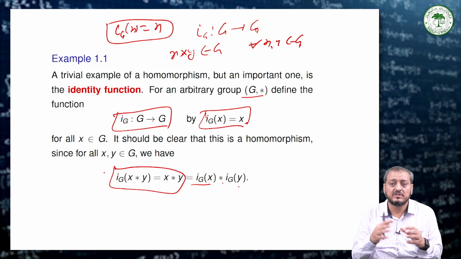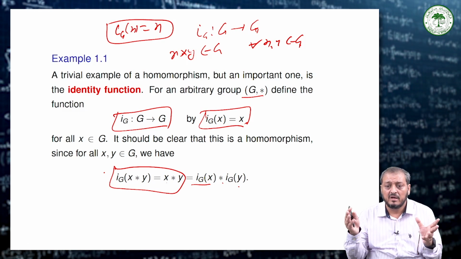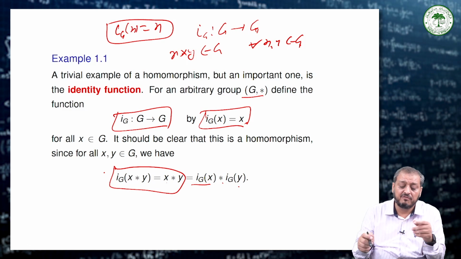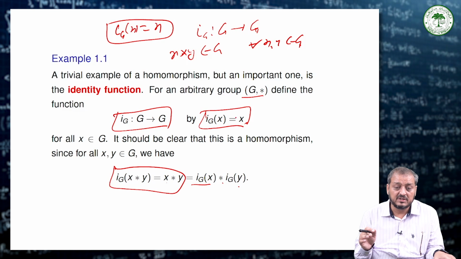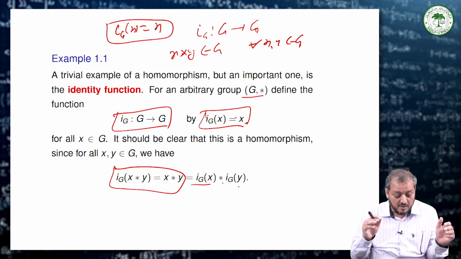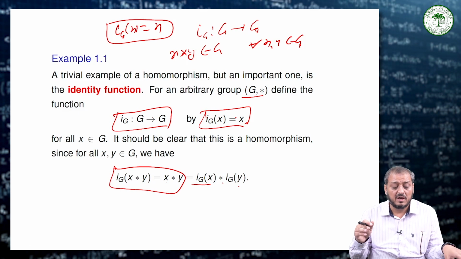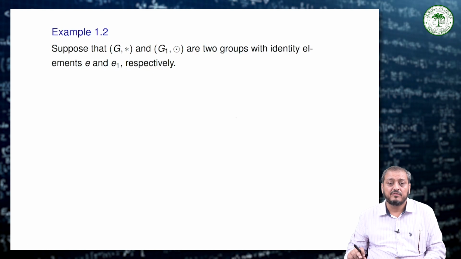The identity function is always a homomorphism for any arbitrary group under the binary operation. So, this is clearly a homomorphism. Now, this is a very trivial example of a homomorphism.